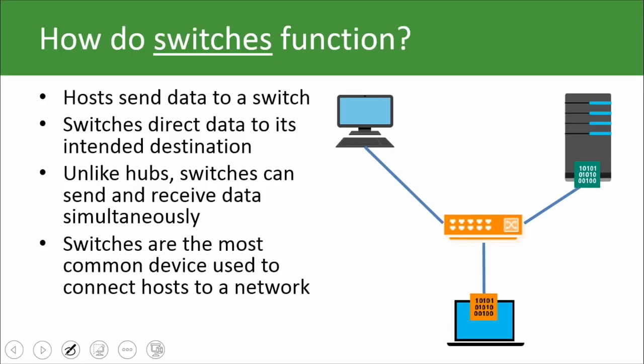So you saw the yellow piece of data there go from the PC to the laptop, and you saw the turquoise or green piece of data there go from the laptop to the server. Okay, and a good way to summarize it is switches are just simply smarter than hubs.